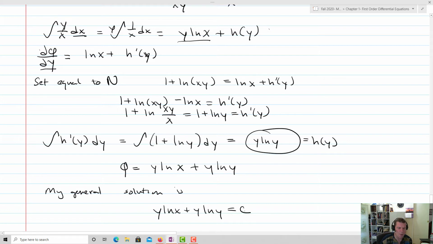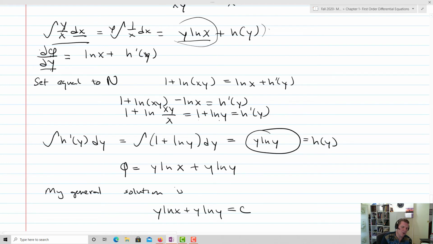In this case, we started out with m. We took the integral of m with respect to x, and we got some function phi, but we were missing the function with respect to y part. So we take the derivative with respect to y. We end up with natural log of x plus h prime of y. Then we make a comparison to n, do a little bit of algebra magic to get 1 plus natural log of y equals h prime of y.